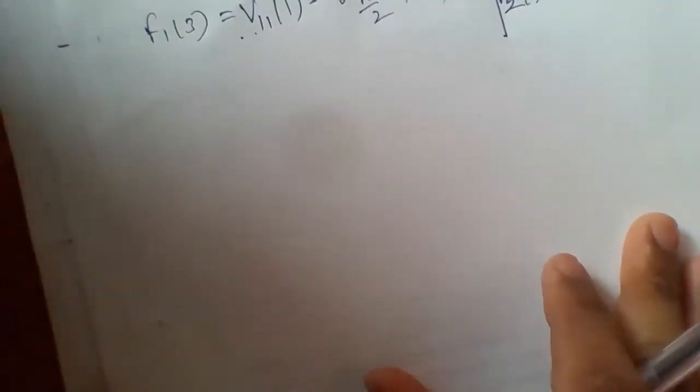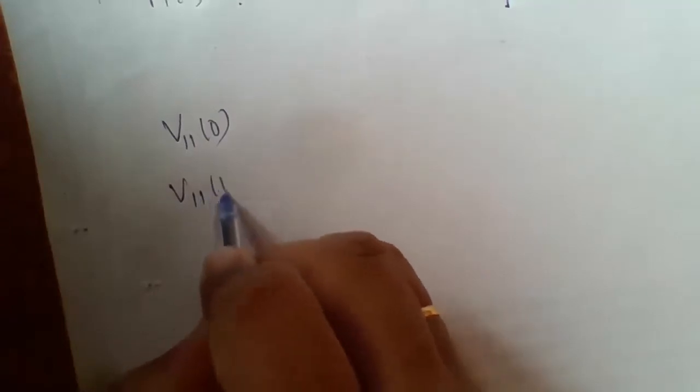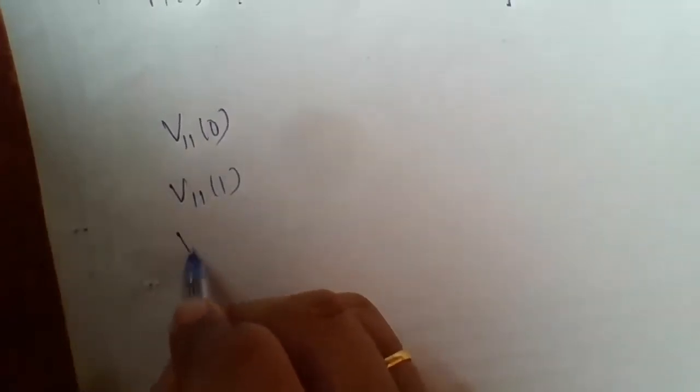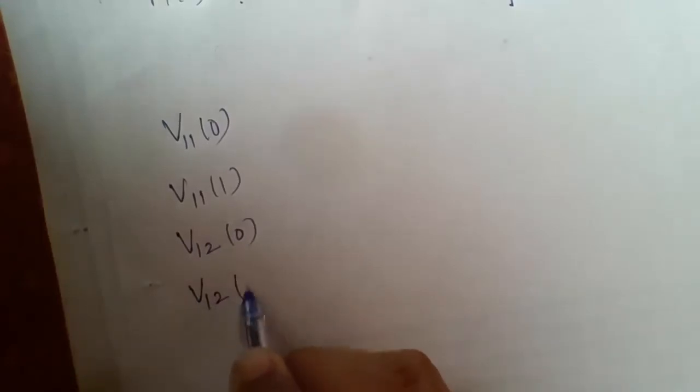Okay. So therefore now we will write the signal flow graph. For that we will have to first list all the v values. So it will start with v11 of 0, next v11 of 1, v12 of 0, v12 of 1.